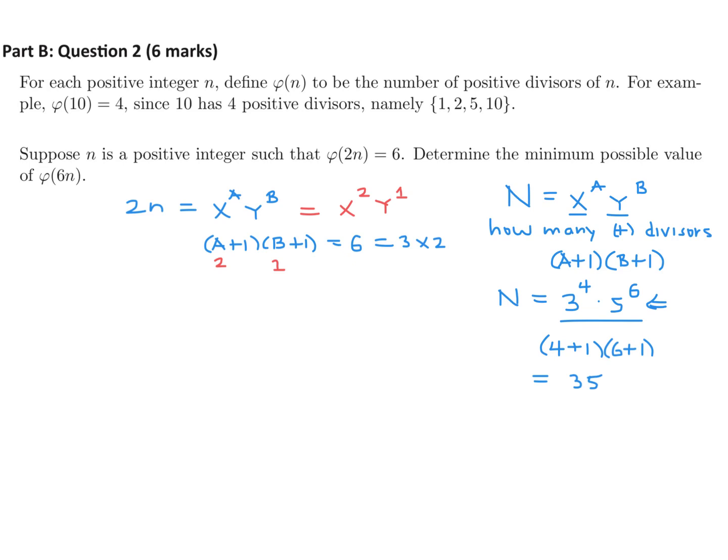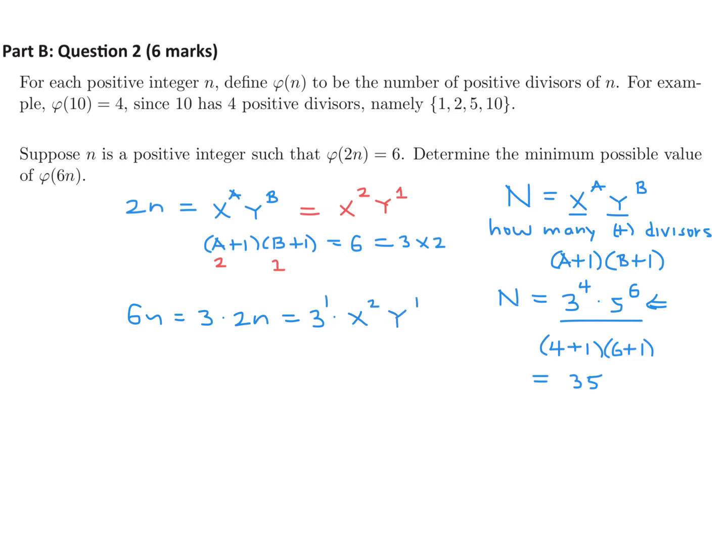That would be one scenario. Okay? Now, if that's the case, that means we now have to look at 6n. So let's do that. 6n is really 3 times 2n. So we have 3 times 2n, but 2n is this, which is this. So that's really 3 times x to the power of 2, y to the power of 1.